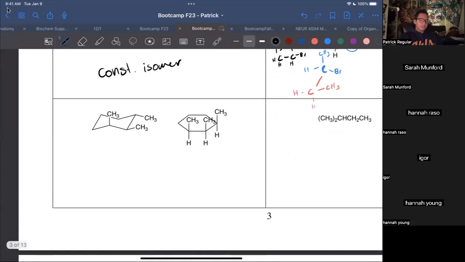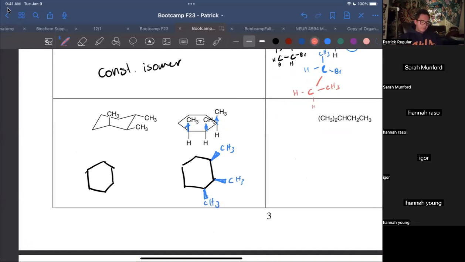All right, now let's look at this. If I were to draw these as cyclohexanes, this one would be up, up, and up. You would have this. All of them are up.